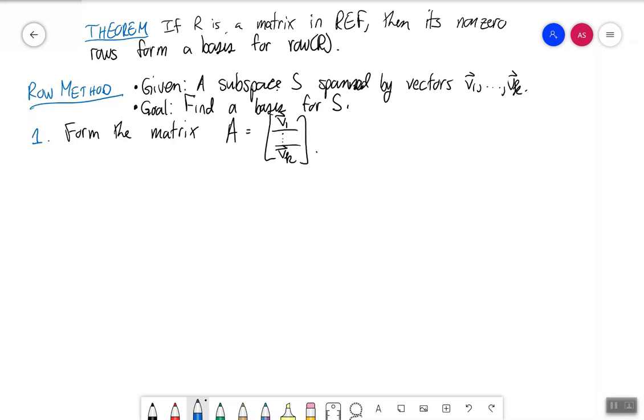Step 2, reduce the matrix A to row echelon form.